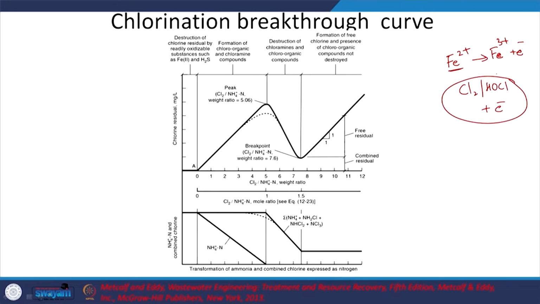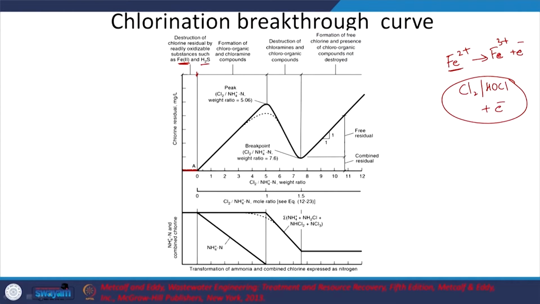That is why when I have reducing agents such as Fe2+ or H2S, they will be immediately consumed. So, there is no residual chlorine as I keep adding my oxidizing agent or chlorine. All the oxidizing agent is consumed, and then by here I am done with all the readily oxidizable compounds like Fe2+ and H2S.